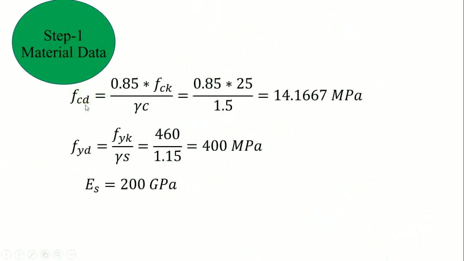fcd, the design strength of concrete, is equal to 0.85 times fck over the partial safety factor. fck is the characteristic strength of concrete.